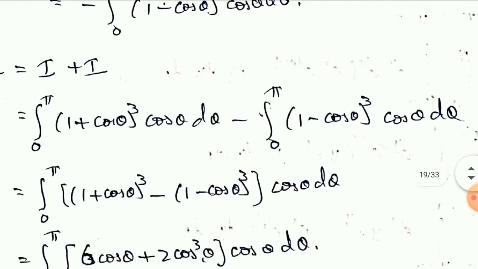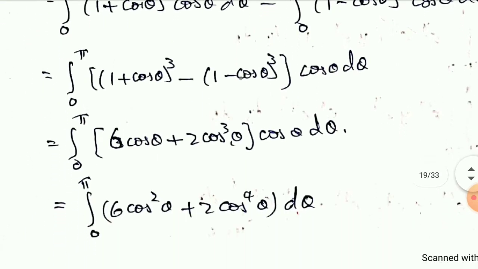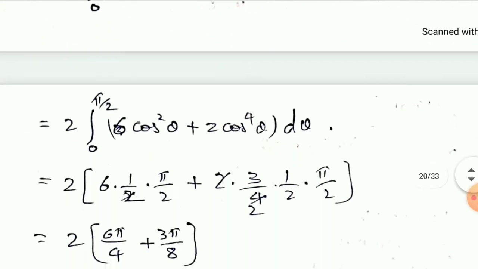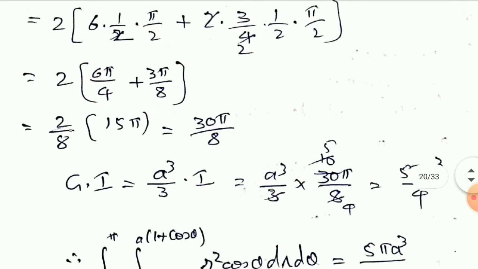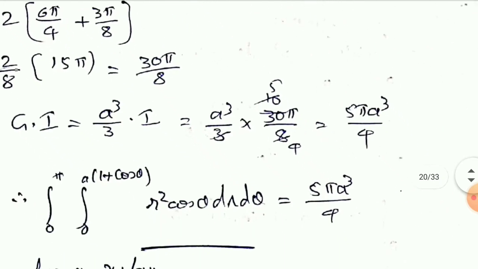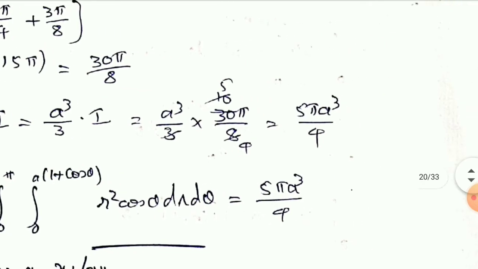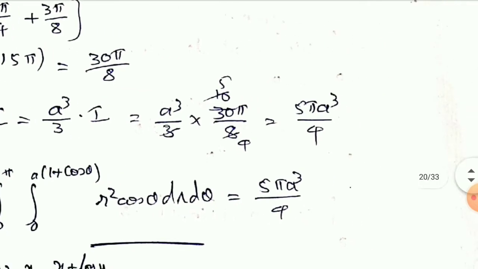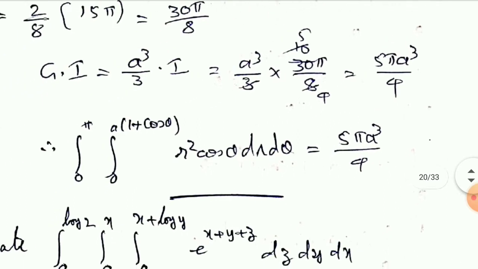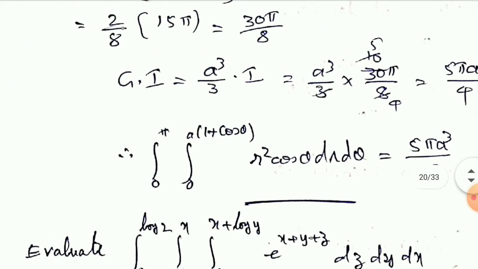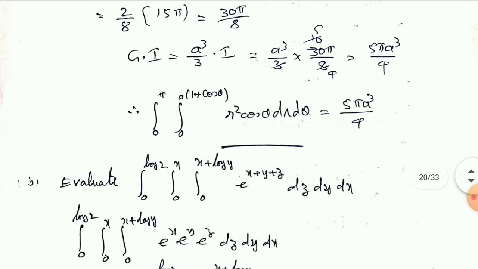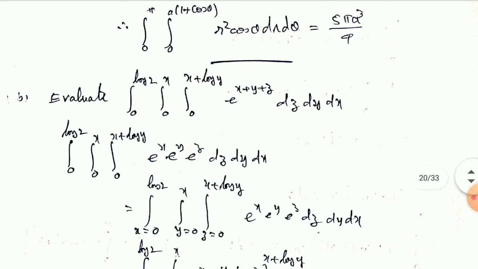Just do it, make the simplification, substitute the limits, and you will get the final answer directly. The integration is 30 pi by 8, so the final answer is 5 pi a cube by 4. That is your complete integral value. Instead of using the other method, you can use this easiest principle to get your value.